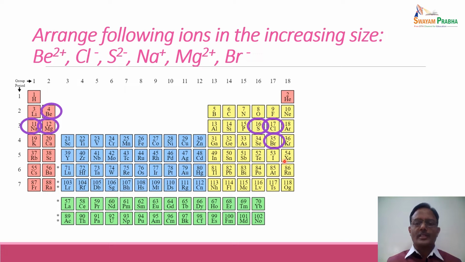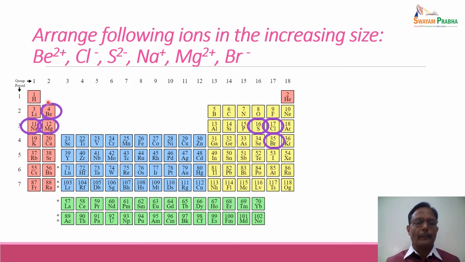Now there are two concepts here. First concept is, these three are present as anions, and we know that anions are larger in size as compared to cations. On the other hand, these three are cationic species, Be2+, Na+, and Mg2+, and we know that cations are smaller in size.